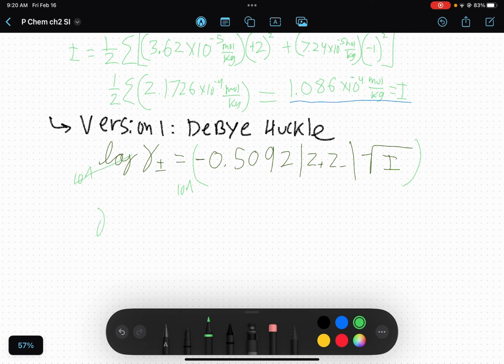So then that isolates gamma plus-minus, which is equal to 10 to the power of negative 0.5092 times the absolute value. The z plus is going to be for your Mn, which I believe is equal to positive 2. And then this is going to be your OH, which is equal to negative 1. And I believe you're just multiplying those together. And then your I is what we just solved for right there.